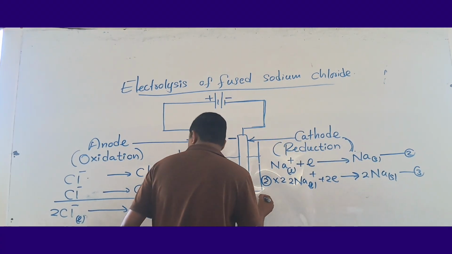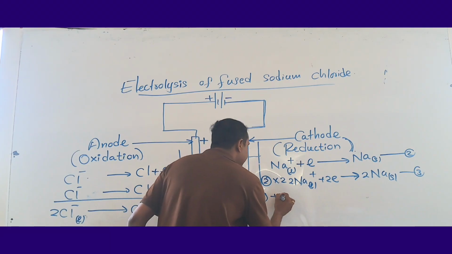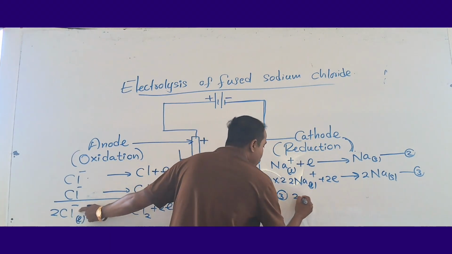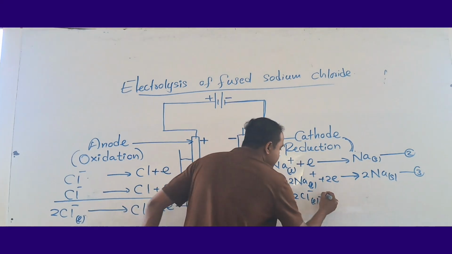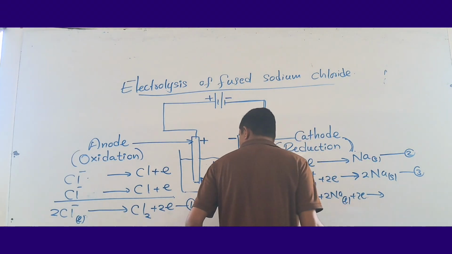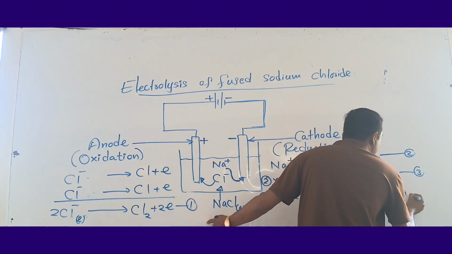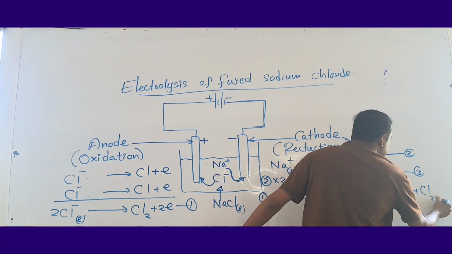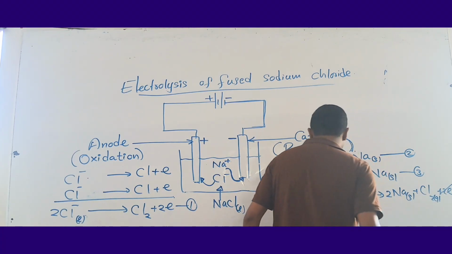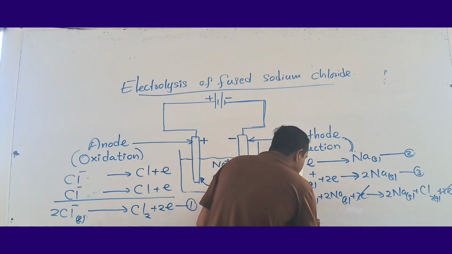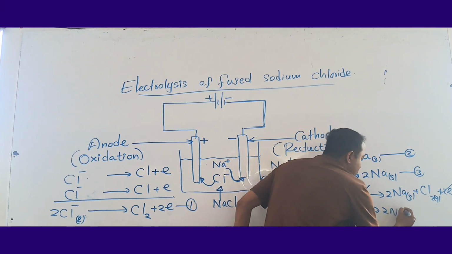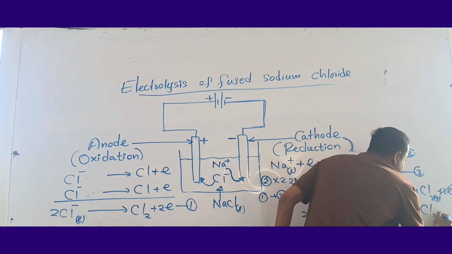Then we can add equations 1 and 3. 2 Cl- (l) plus 2 Na+ (l) plus 2 electrons form 2 Na (s) plus Cl2 (g) plus 2 electrons. Then the electrons can be cancelled. Here 2 NaCl (l) form 2 Na and chlorine gas.